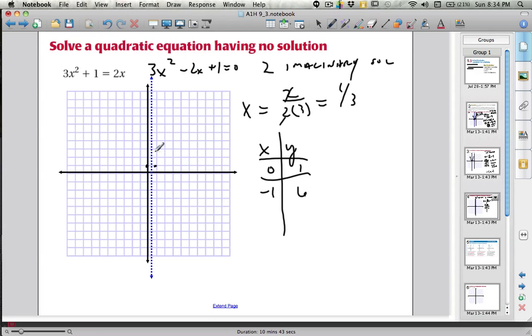So we'll go over here to 6. 1, 2, 3, 4, 5, 6. And that's 1 and 1/3 away from the axis of symmetry, so that's going to be here at 1 and 2/3. Okay, and we still haven't found the other coordinate of the vertex. I know my vertex is at 1/3, but I haven't plugged that in yet.